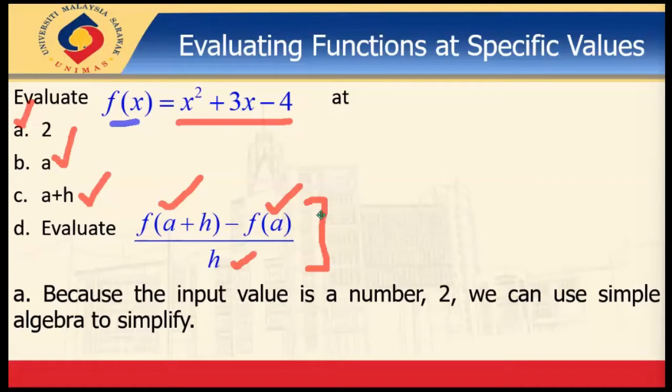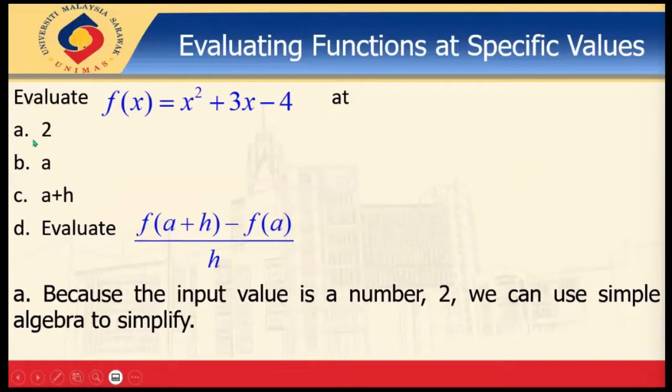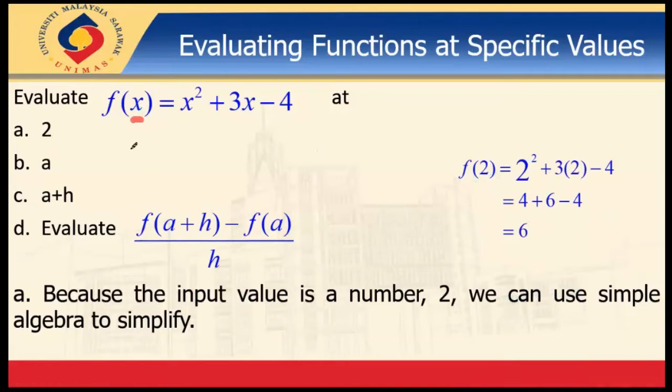Okay, so to evaluate this function using the value x equal to 2, how can we do that? Just as simple as that: I replace the value of x everywhere by 2. So f of 2 equals 2 square, because x square will become 2 square, plus 3x will become 3 multiplied by 2.